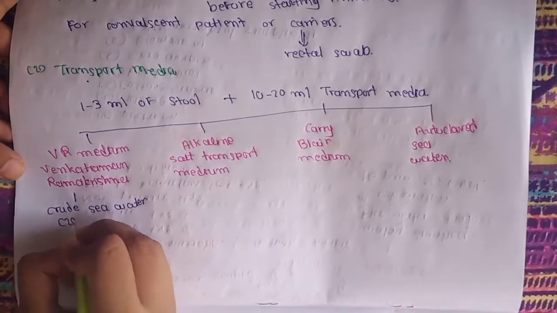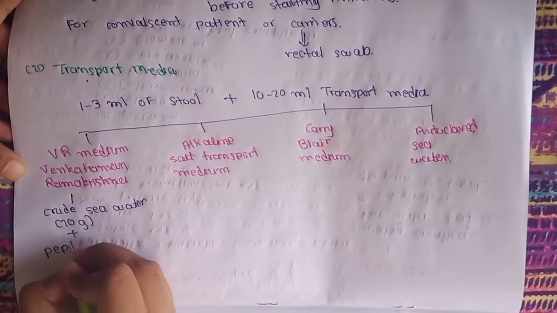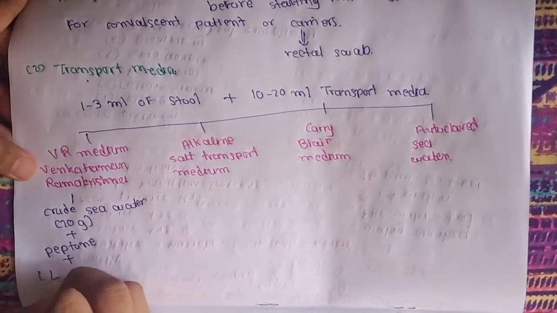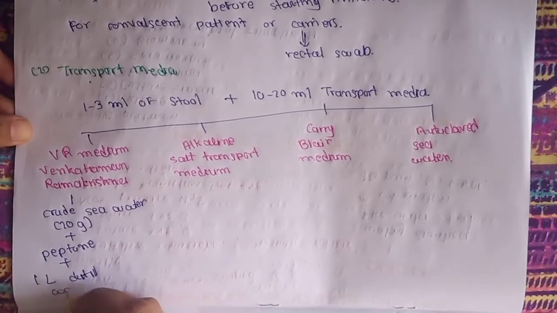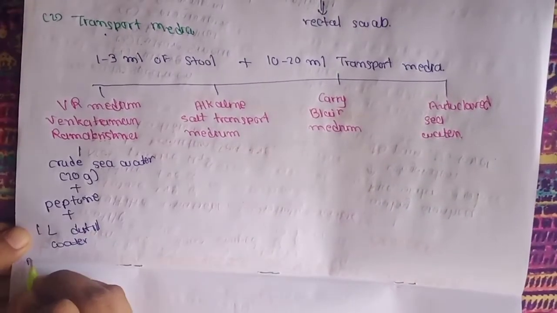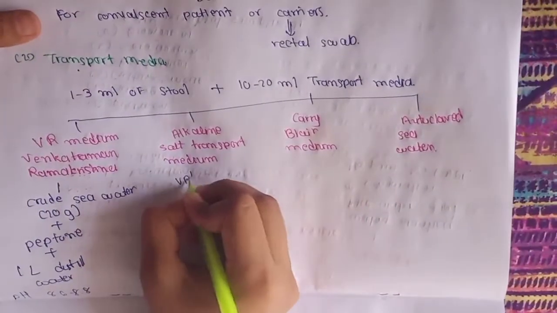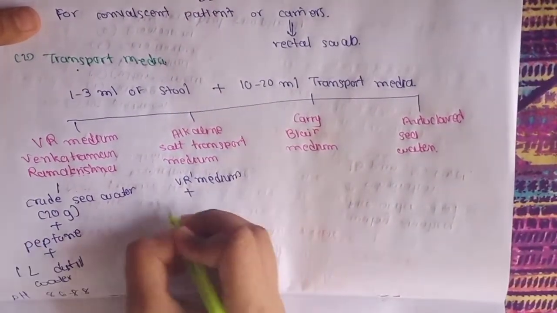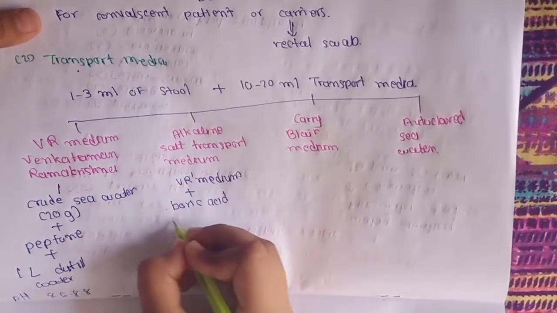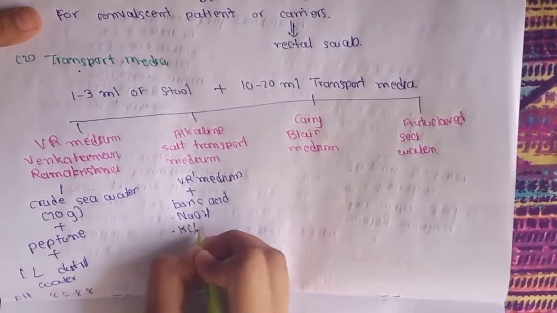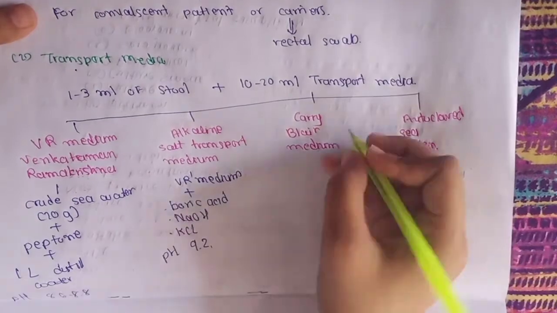VR medium includes cholera water plus peptone in 1 liter of distilled water. The pH is 8.6 to 8.8. Alkaline salt transport medium is similar to VR medium with the addition of boric acid, NaOH and KCl. The pH is 9.2.